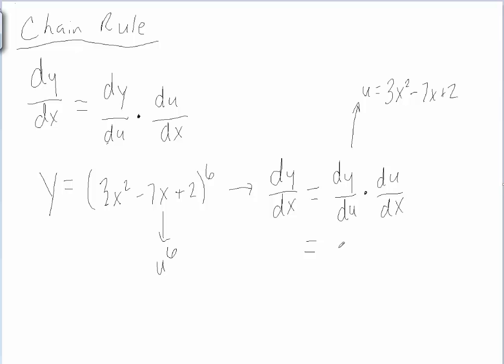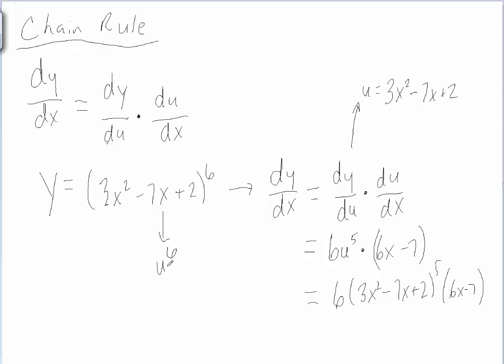So the derivative of y with respect to u is 6u to the fifth times du dx, or derivative of u with respect to x, which is simply 6x minus 7, which gives us our derivative. Like this. So, just another way of thinking about it.